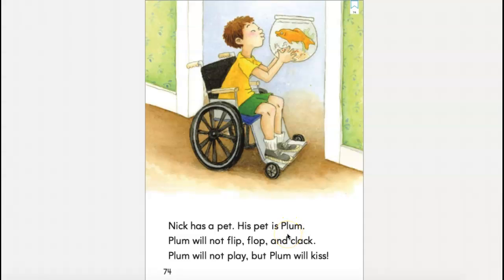Plum blends with the letter L. Also the words flip, flop, and clack. Do you see the words that have this short O sound, the ah sound? The word not, and also the word flop.